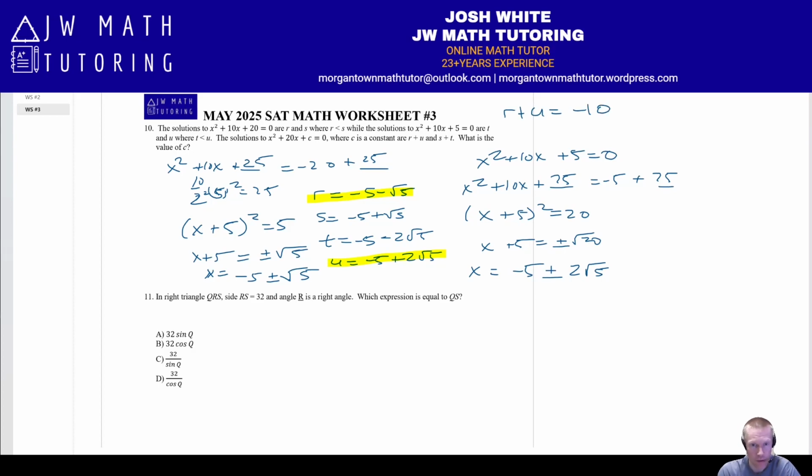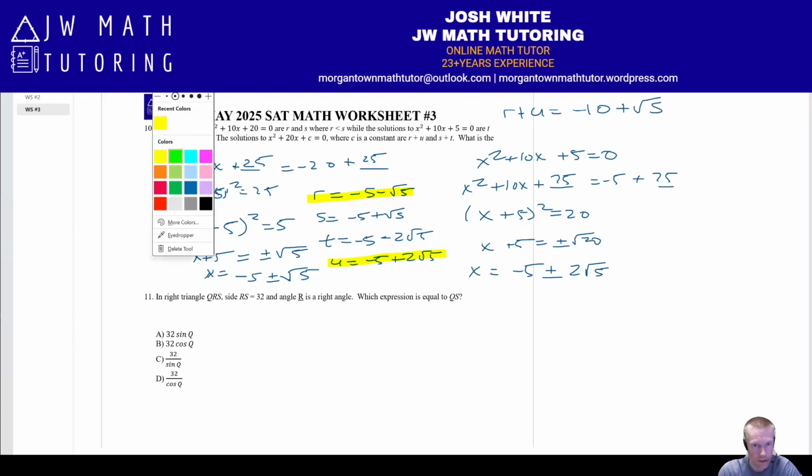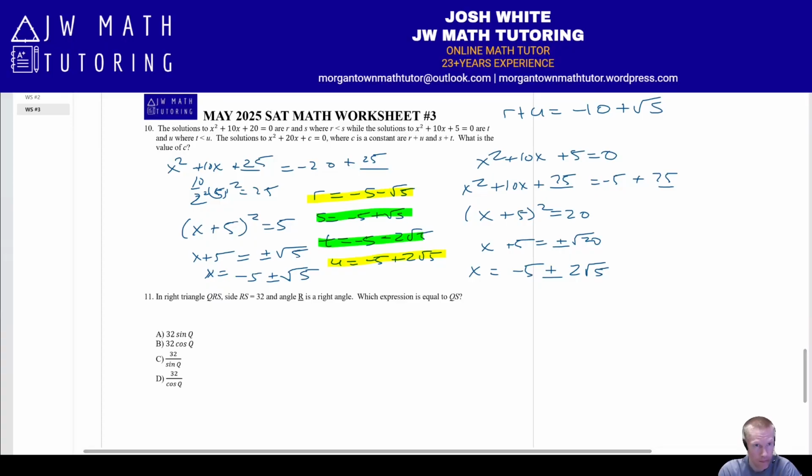Negative root 5 plus 2 root 5 plus root 5. All right, not that bad. S plus t. Negative 5 plus negative 5, negative 10. Positive root 5 plus negative 2 root 5, negative root 5. Okay, I got a nice pair of, essentially like conjugates, even though these aren't complex numbers, but so these are my two solutions to my new problem.